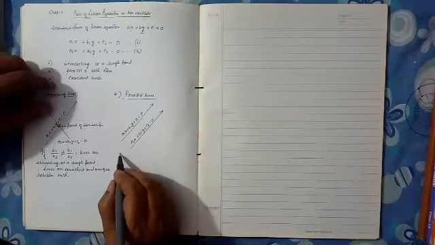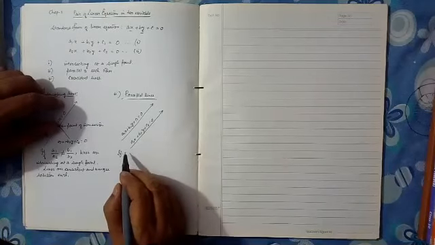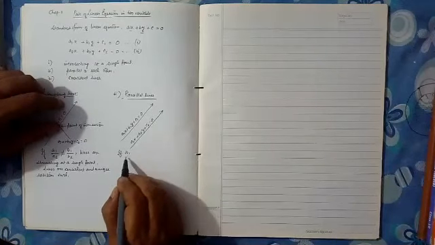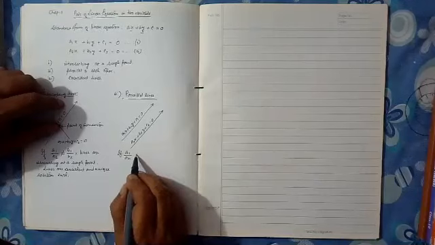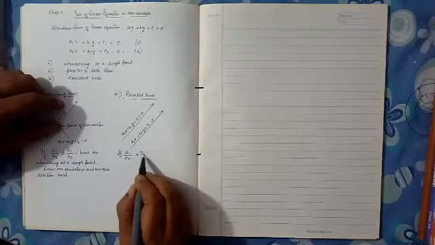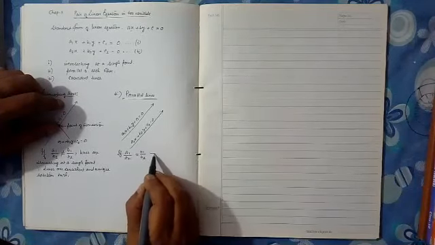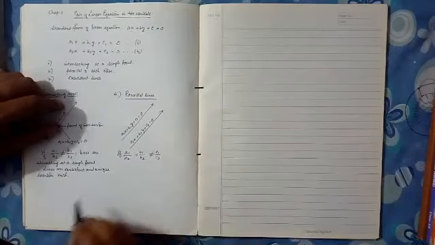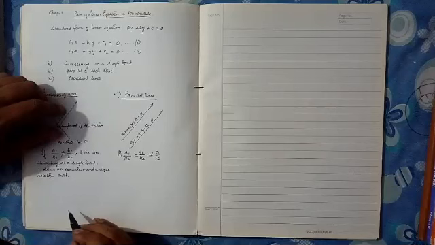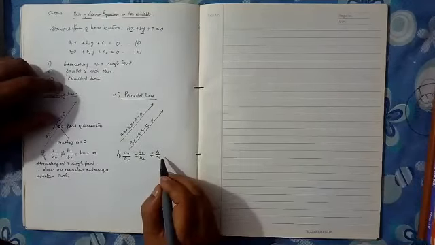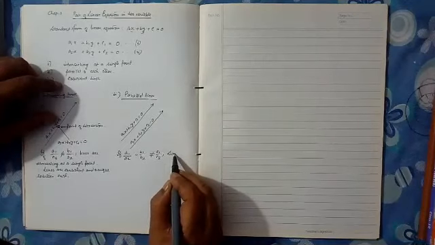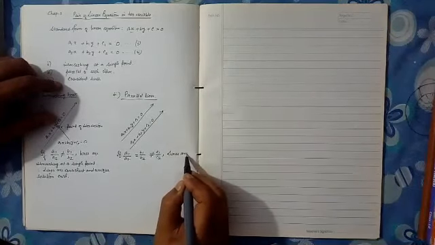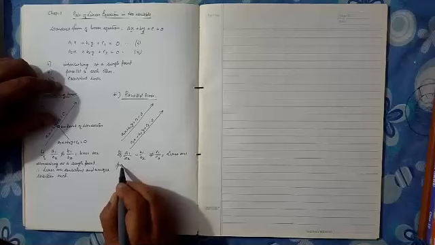Then what is the condition? If a1 by a2 is equal to b1 by b2 not equal to c1 by c2, lines are parallel.